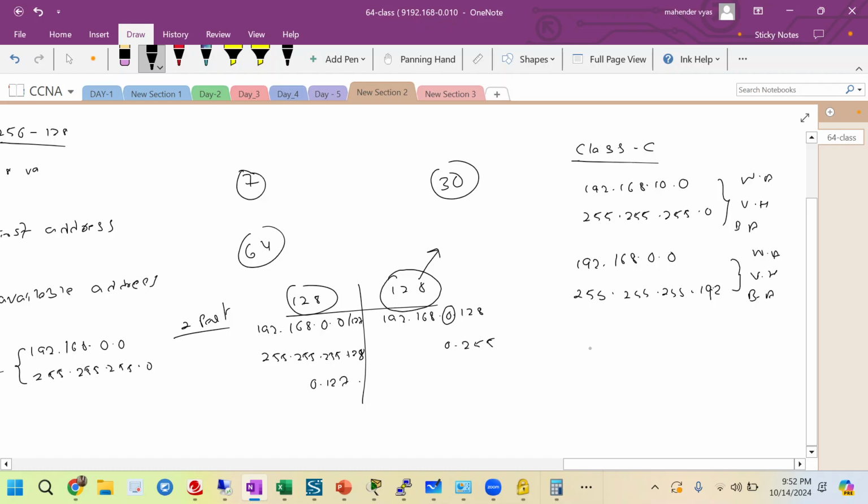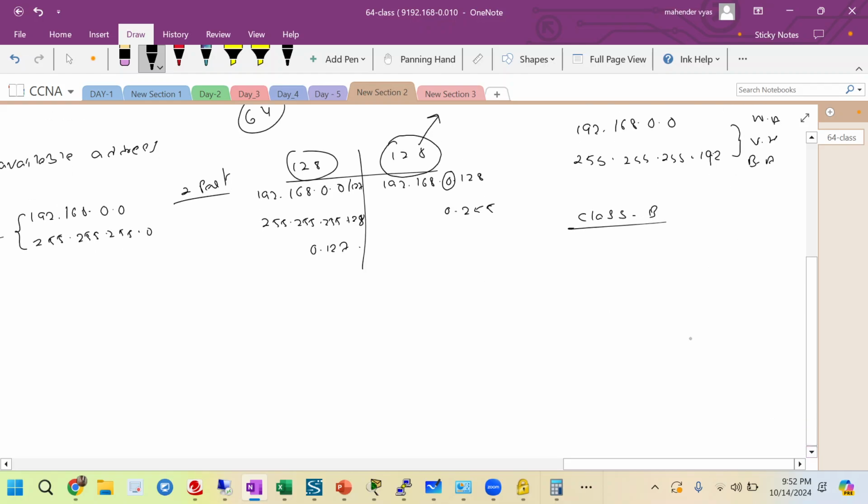Then class B: 172.16.0.0, default mask. What is a network address, broadcast address, valid host.